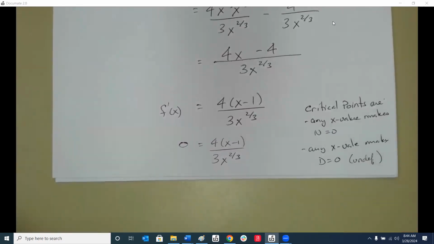In other words, any vertical asymptote point is a critical point, a critical value. Do you understand why?